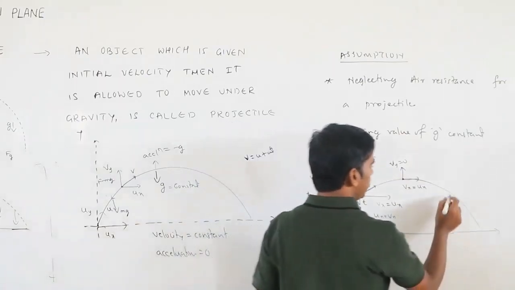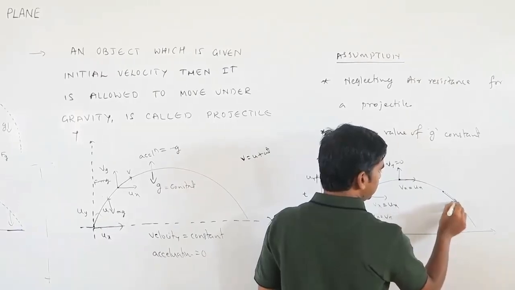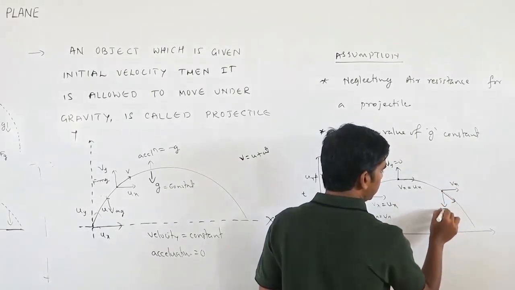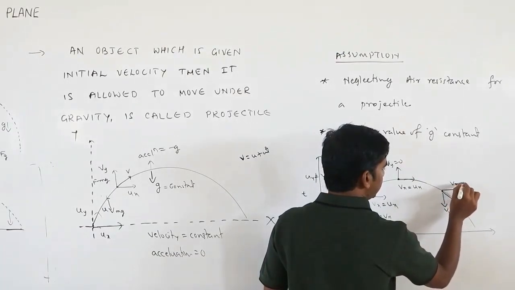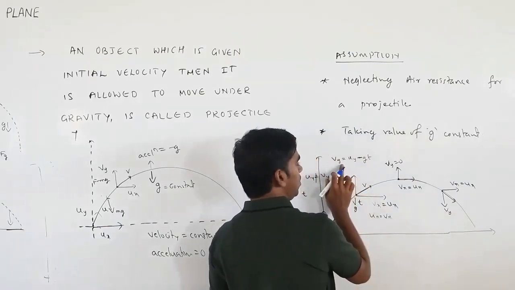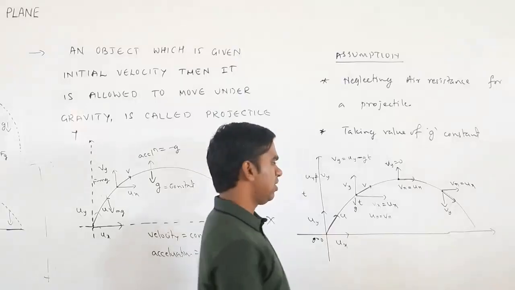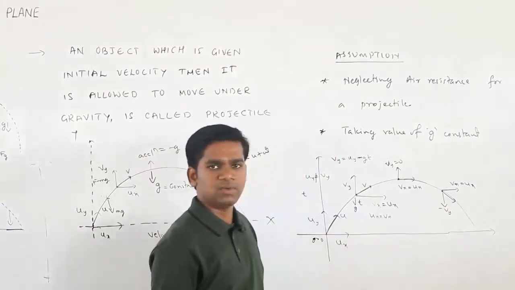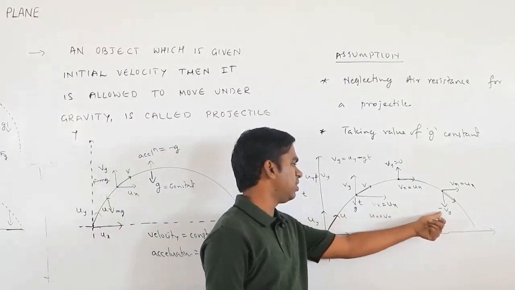Similarly, if you come over here, it is along this direction. This is vx, and this is vy. So vx is equal to ux. What about vy? You have to use the formula uy minus gt. But here it will come negative because it is in the downward direction. So vy is not equal to uy. It will be different.